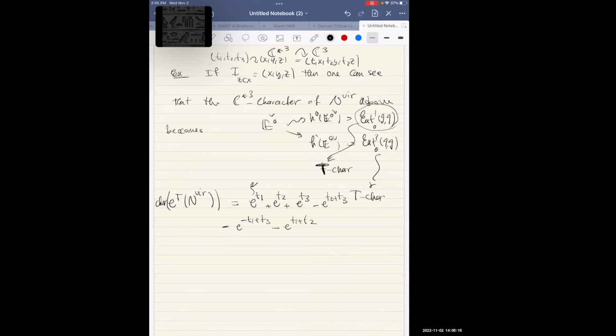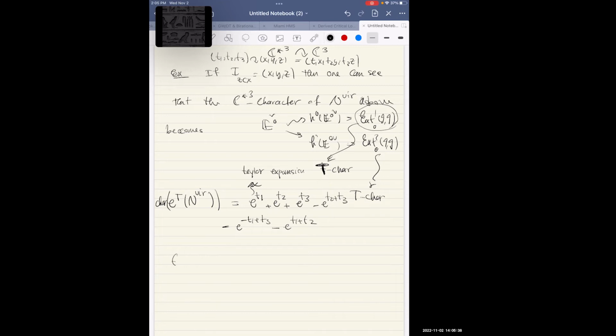And you should really think about this as an infinite series, because you're looking at these things in terms of their Taylor expansion. So 1 plus T1 plus its square plus blah, blah, blah, plus 1 plus T2 plus its square plus blah, blah, blah, and so on and so forth.